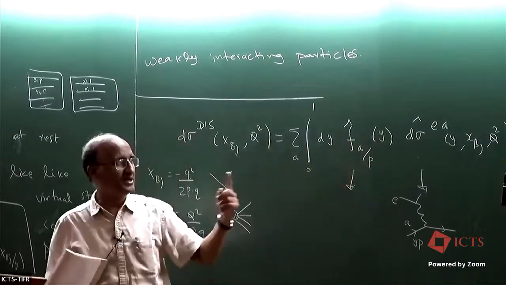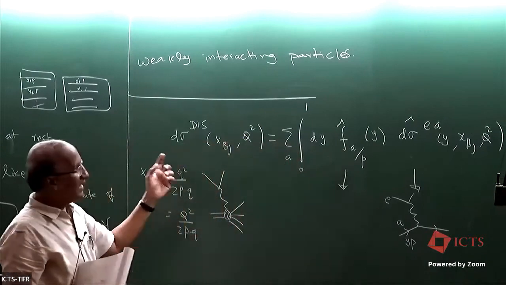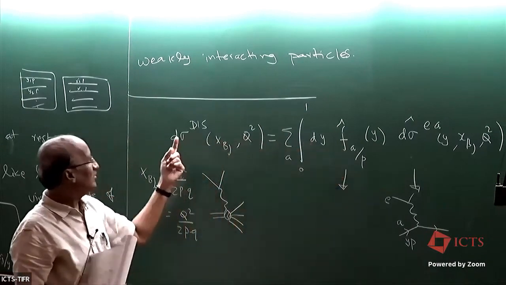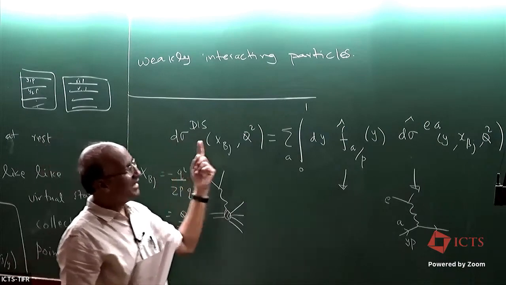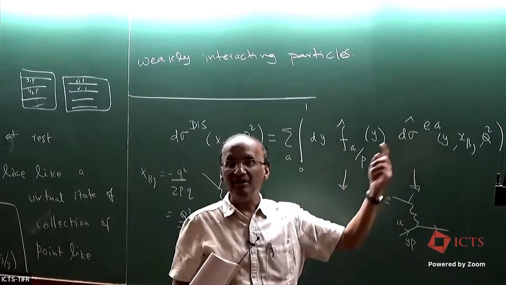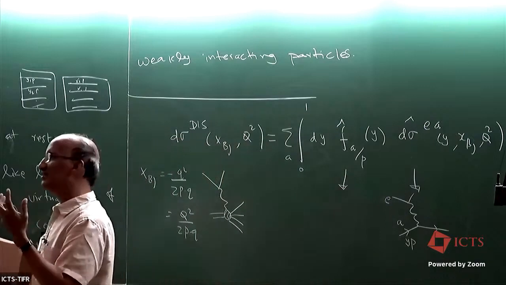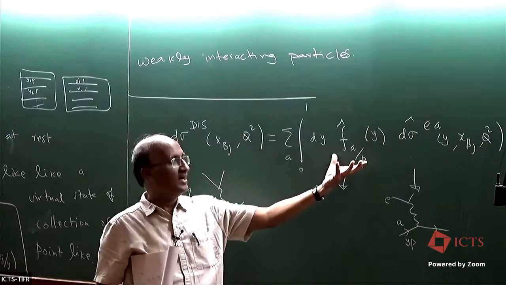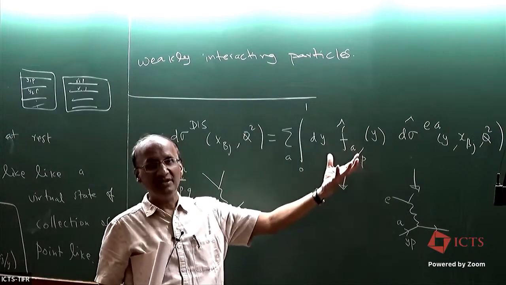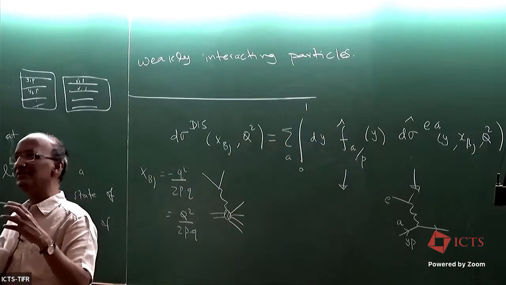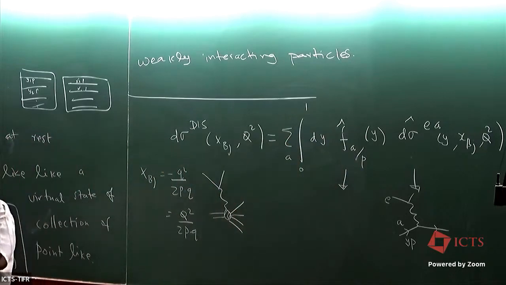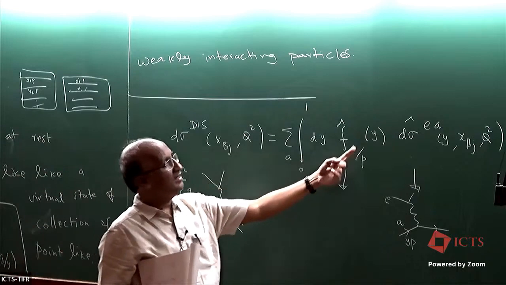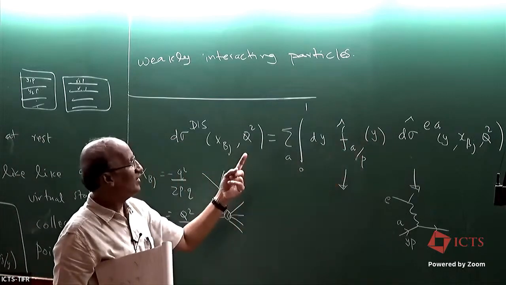So why is this a probability interpretation? Because both d sigma DIS and d sigma eA are probabilities. These cross sections are the square of certain amplitudes, summed over some kinematic configurations. They are probabilities, hence this has to be a probability, and this is interpreted as the probability of finding a parton of type a with momentum fraction y.